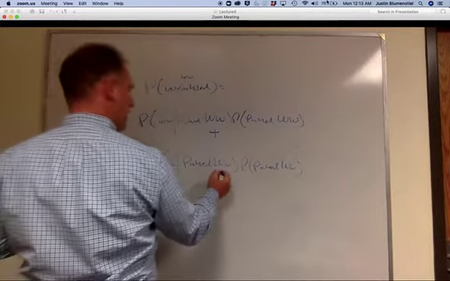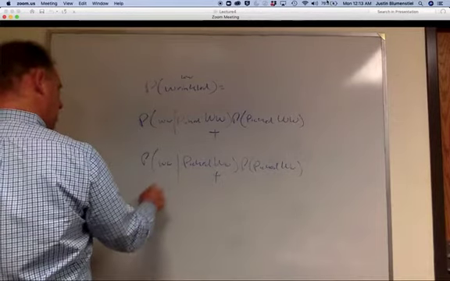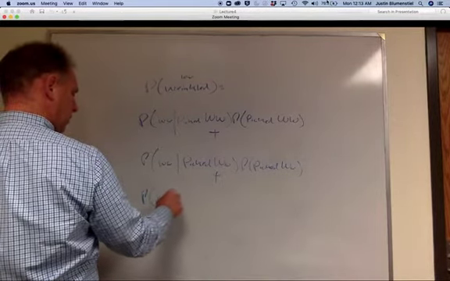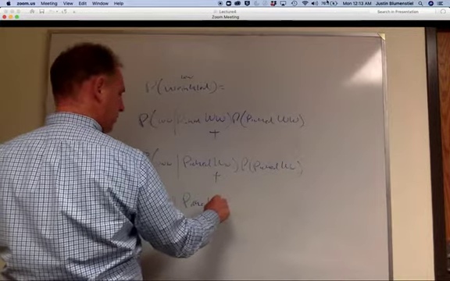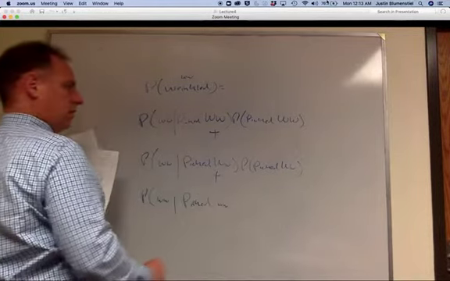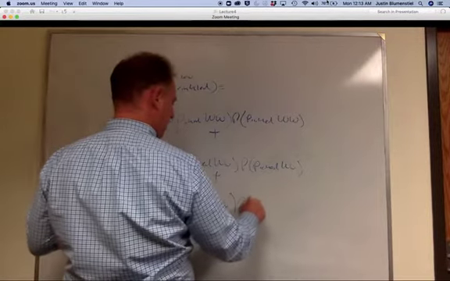And then I'm adding that to the probability of getting little w, given that I picked the homozygote little w, times the probability that they actually picked that.